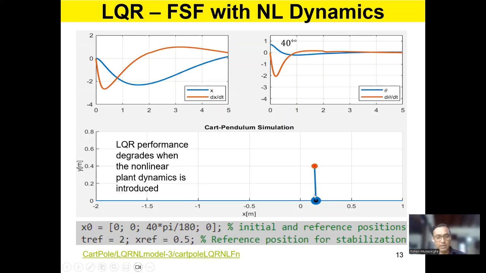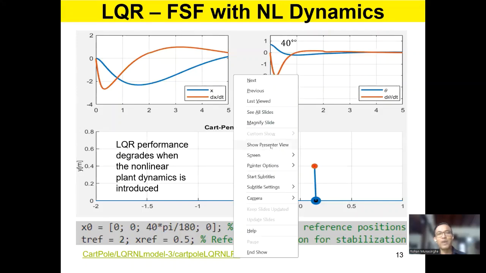With the linear plant, the cart actually moved somewhere over here, and then it came back. But when you use the actual nonlinear model, the cart moves beyond the screen. It goes out of the screen and then comes back.